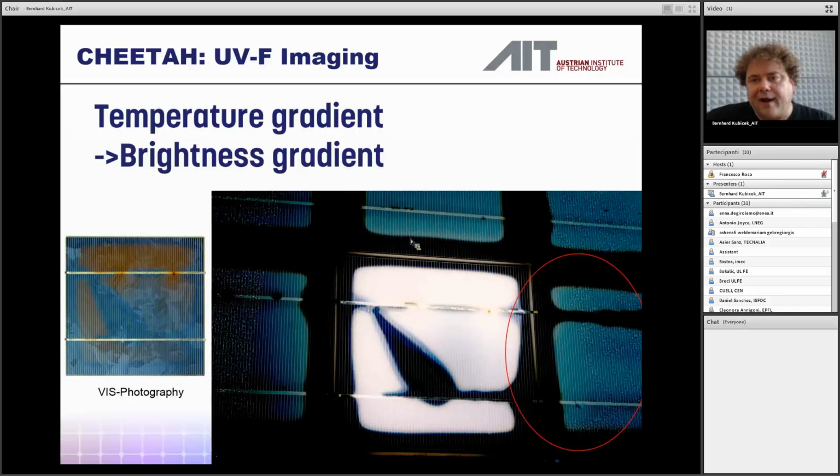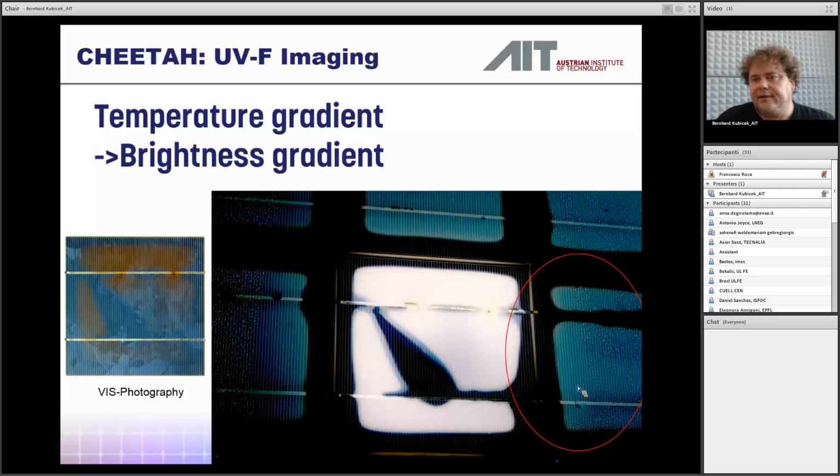And if you look in the surrounding of such a hot cell, you will see that the brightness of the UV fluorescence decreases a bit with the distance from the hotspot. So of course the glass is a thermal conductor and the heat spreads a bit.